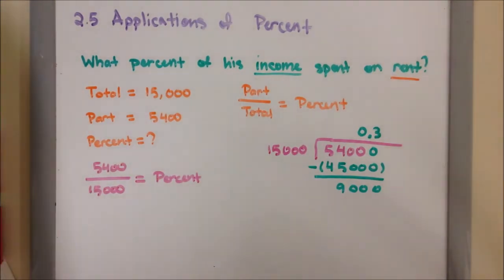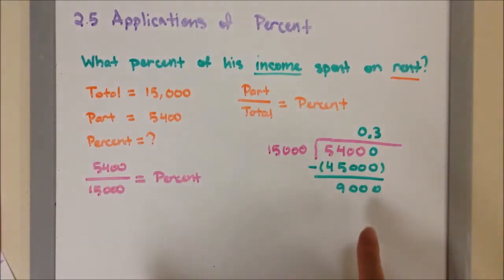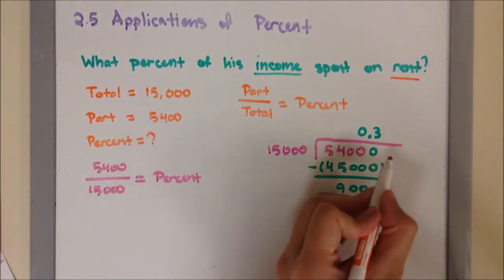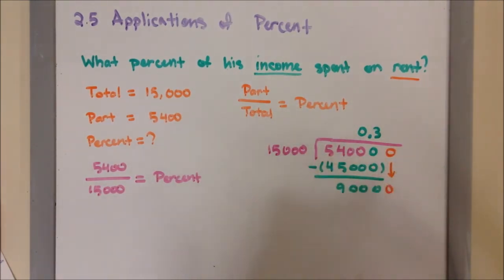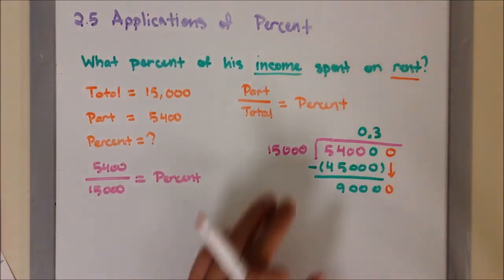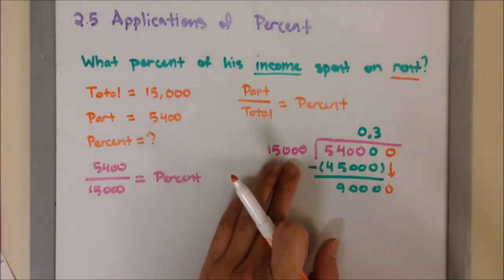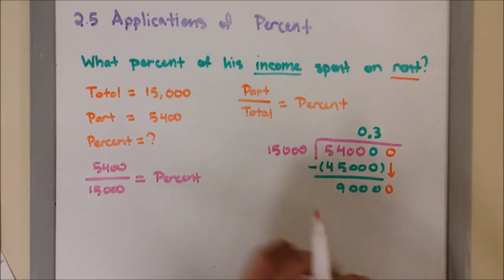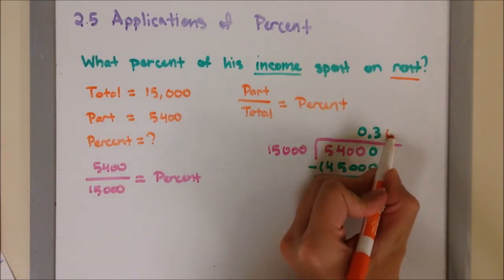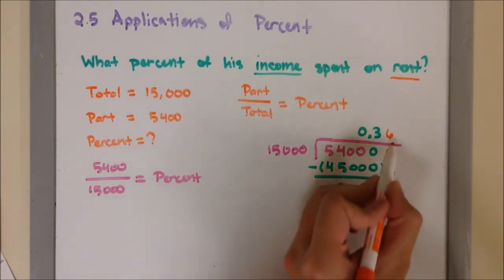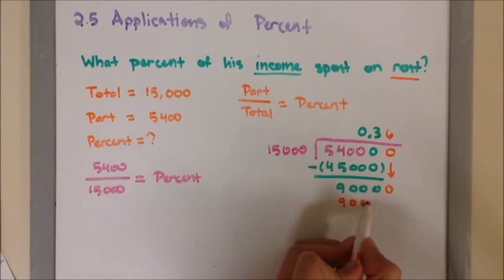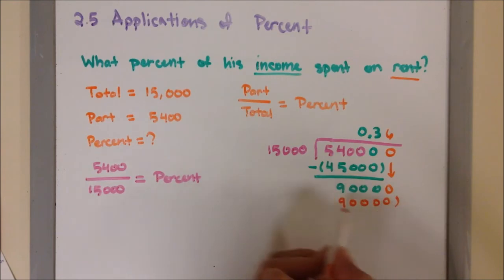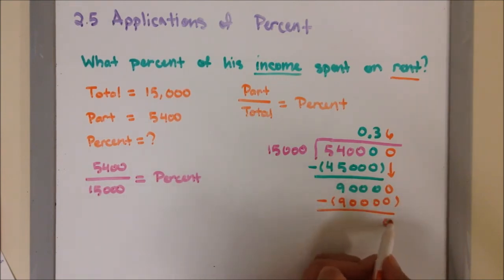Next, I can't have 15,000 going into 9,000, so I'm going to add a 0 and bring it down, so now it becomes 90,000. 15,000 can go into 90,000 6 times. 6 times 15,000 is exactly 90,000, and my remainder is 0.